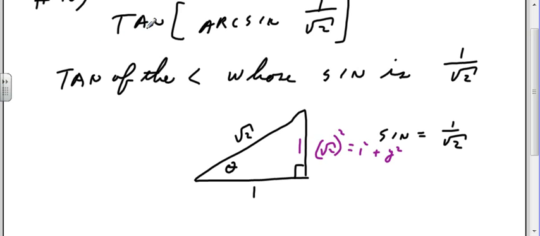Now I want the tangent, y over x. So the tangent of theta is 1 over 1, clearly implying the answer is 1. So the tangent of the arc sine of 1 over the square root of 2 is 1.